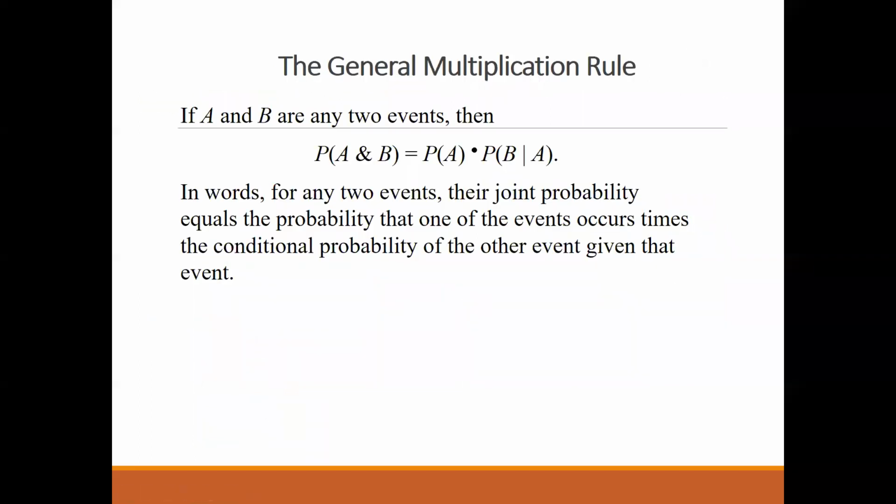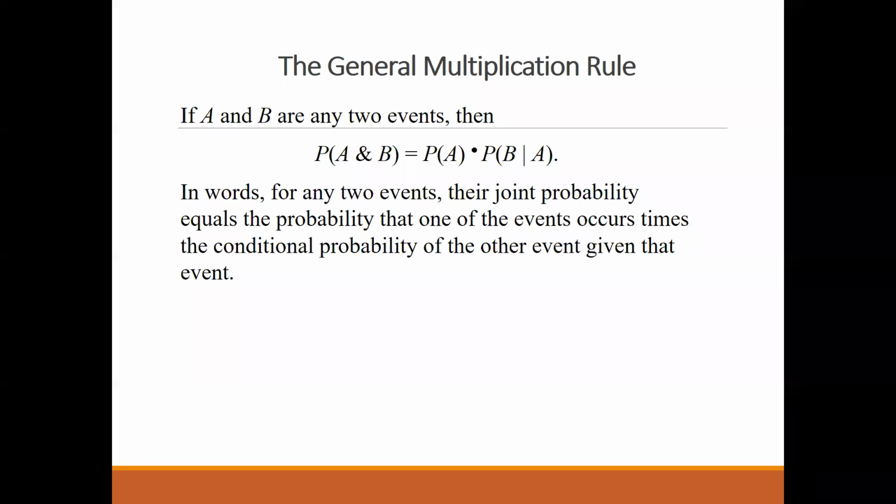Okay. The general multiplication rule, please note this down. Now if A and B are the 2 given events, then P(A and B) can be written as P(A) multiplied by P(B given A), that is, B given that A has occurred.